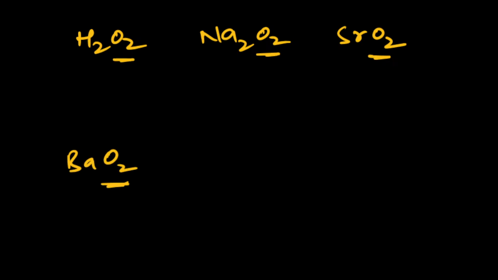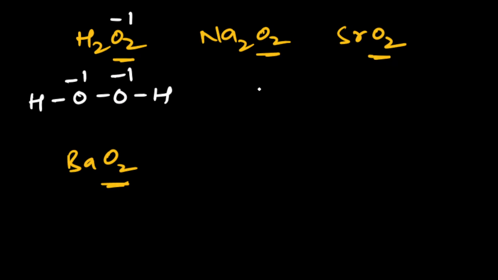Now can anyone say? In all the peroxy structures, the oxygen oxidation number is -1 only, because this will exist in nature actually as an open book like structure, but we are talking only about the oxidation states, right? So I was showing how the oxidation state of H2O2 came.